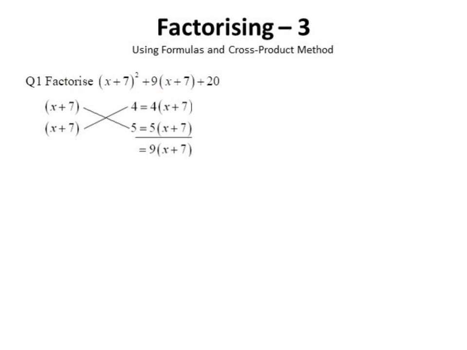As we've seen, the quadratic factor is just (x + 7)², while the constant term 20 can be factorized as 1 times 20, or 2 times 10, or 4 times 5. We choose to factorize the term as 4 times 5 because we need to match the linear term 9 times (x + 7).